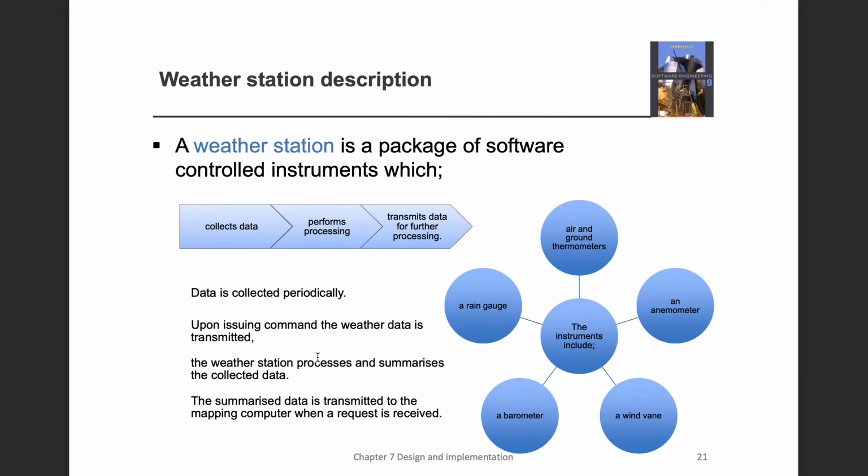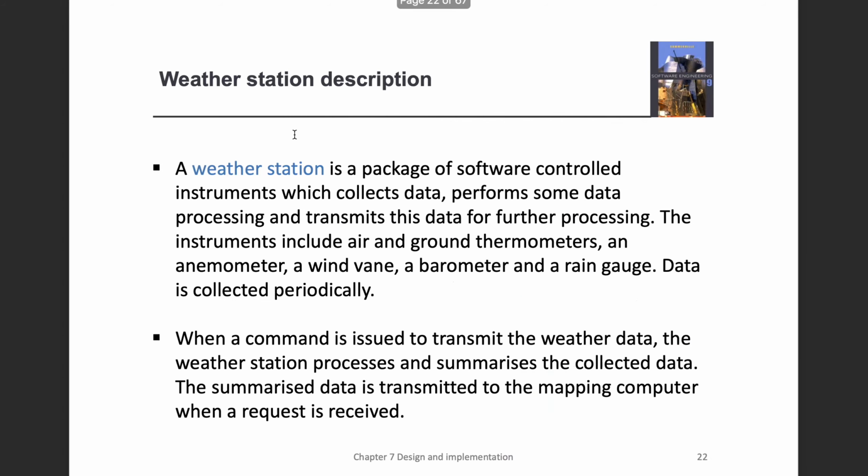The weather station processes and summarizes the data collected. The summarized data is transmitted to the mapping computer when a request is received. So the instruments are collecting all the information and transmitting it to the weather information system. That's the function of the weather station, and that's how it works, exactly as we've explained.